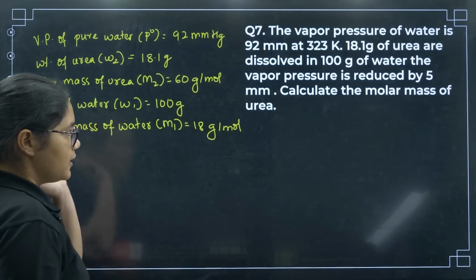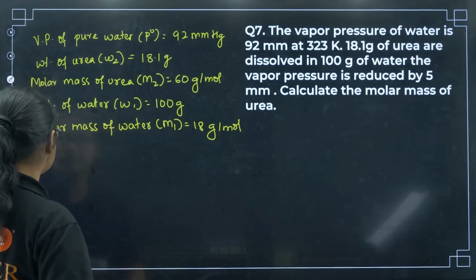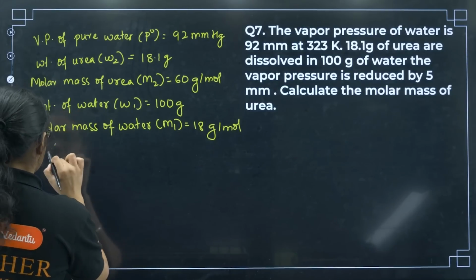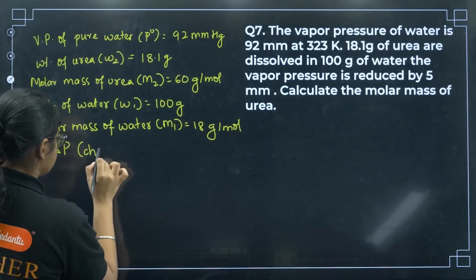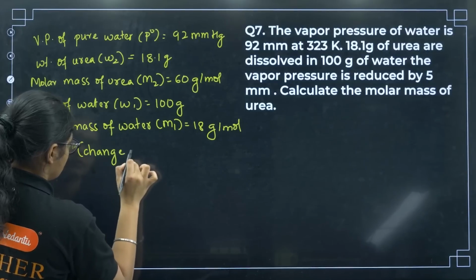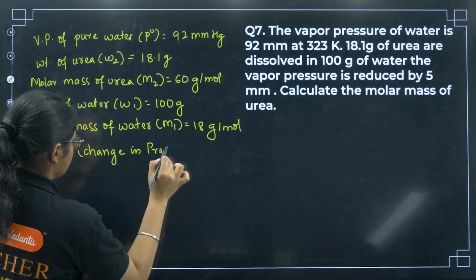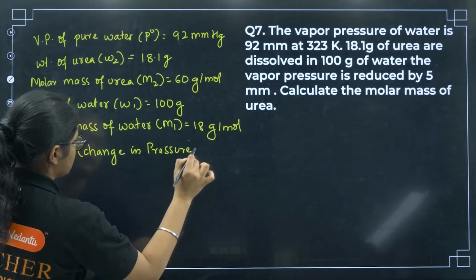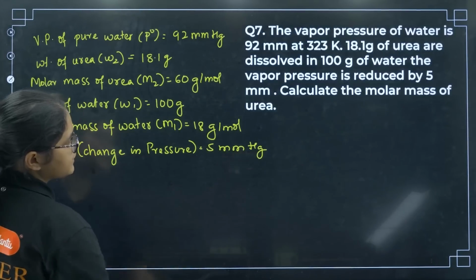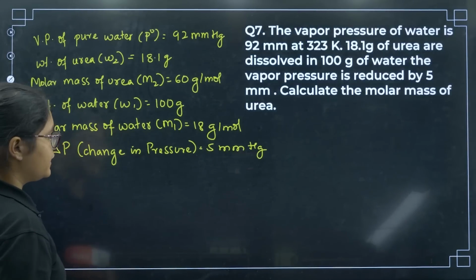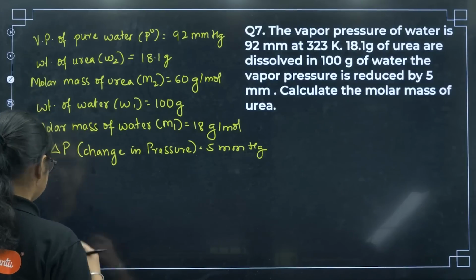Clear this one? Then vapor pressure is reduced by 5 mm, so I can have delta P, change in pressure, is equal to 5 mm Hg.